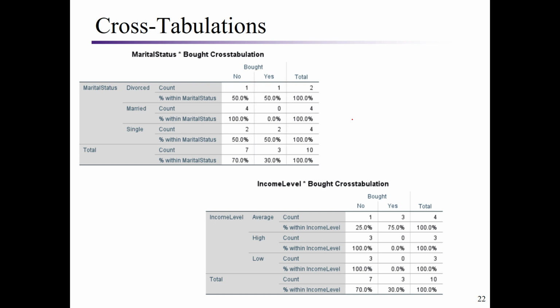Why don't you interpret these two cross tabulations, especially focusing on the purchase rate by marital status and purchase rate by income level. In decision tree and in other analysis, interpreting cross tabulation is really important. So please practice by yourself.